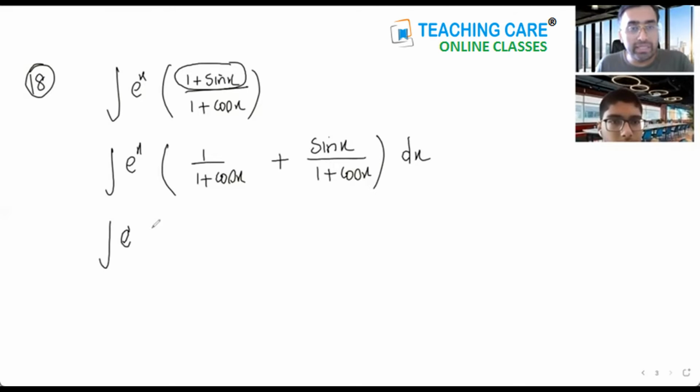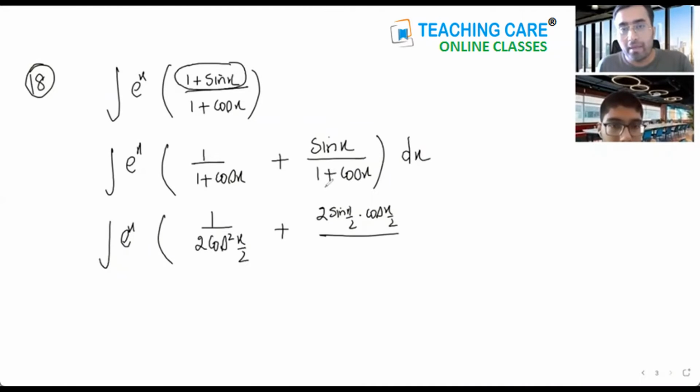See, this is e raised to the power x. This is 1 plus cos theta, that is 2 cos square theta by 2, plus sin x is 2 sin x by 2 into cos x by 2, and then 1 plus cos theta is 2 cos square theta by 2, and this is dx.